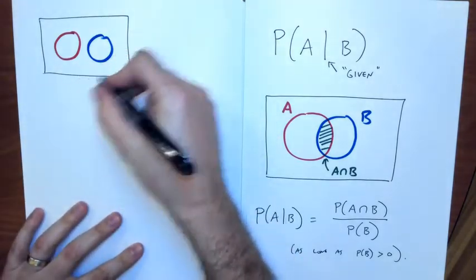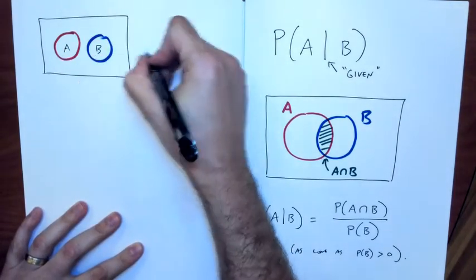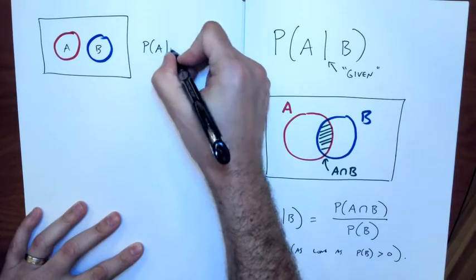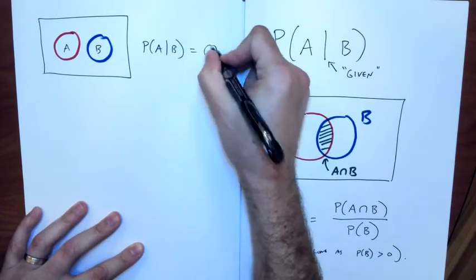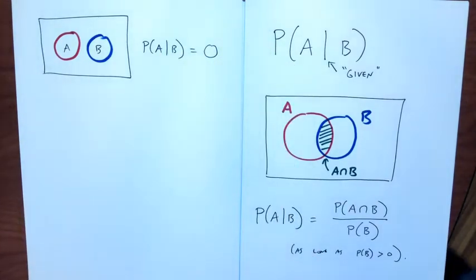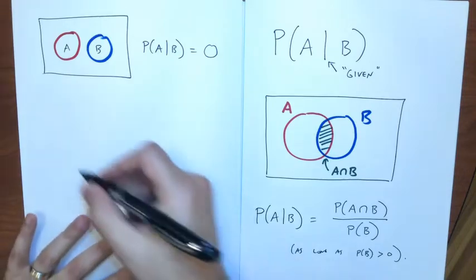So the probability of A given B is equal to 0. There's no intersection between these two events, so if I tell you that you're in the blue circle, then you're certainly not in the red circle, right? Impossible. So here, knowing B gives me full information that A could not have possibly happened.